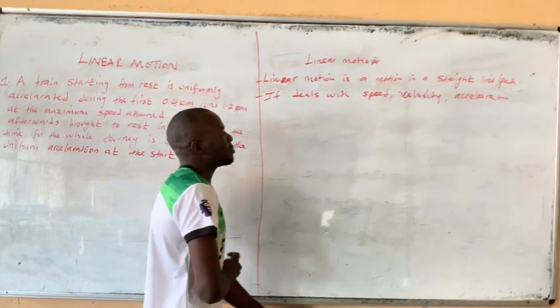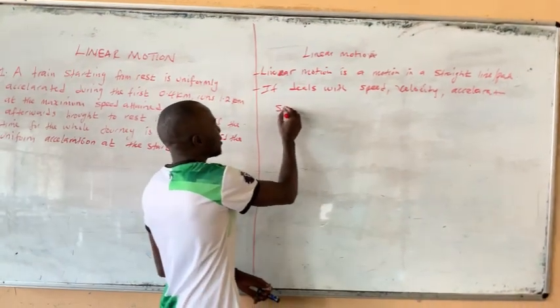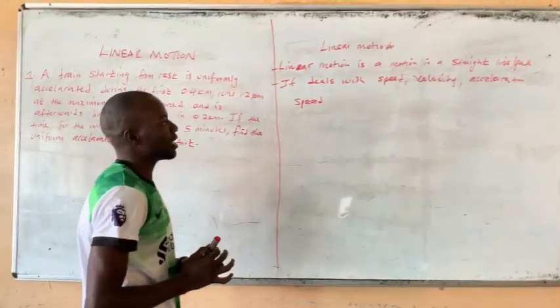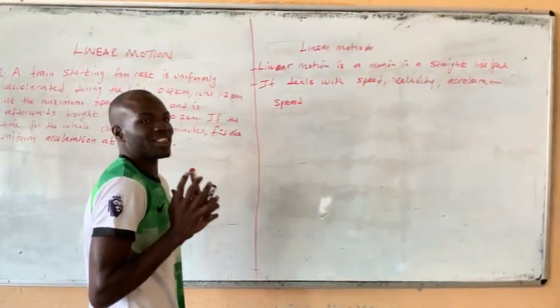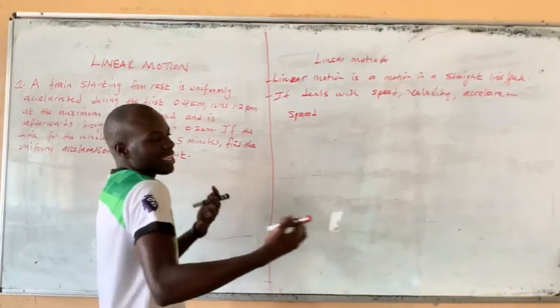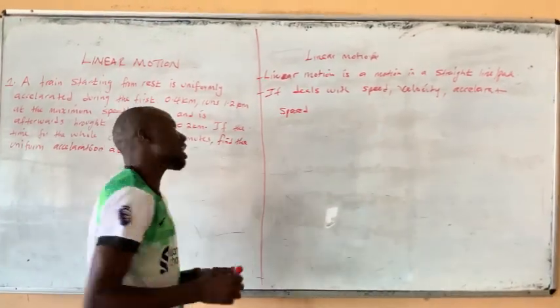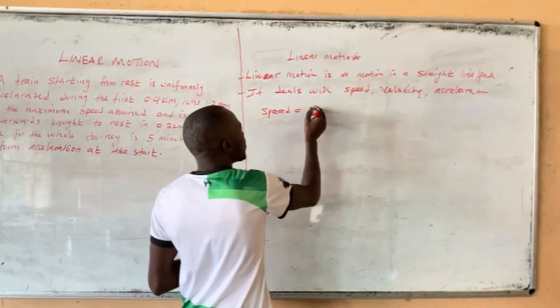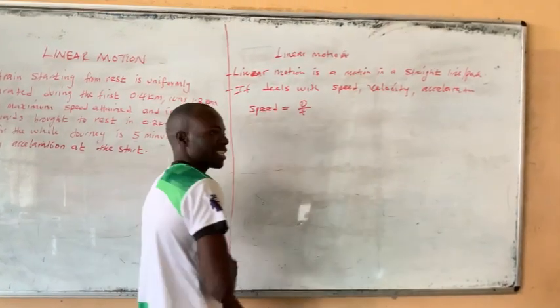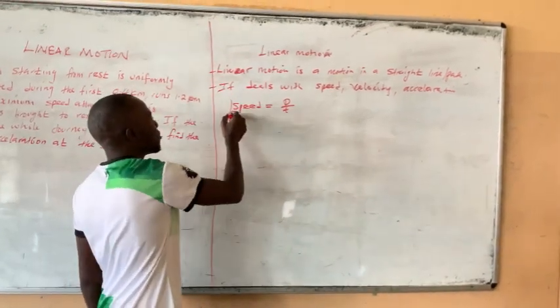When you look at speed, you are just measuring the distance something has covered with respect to time. So speed is equal to distance over time taken.